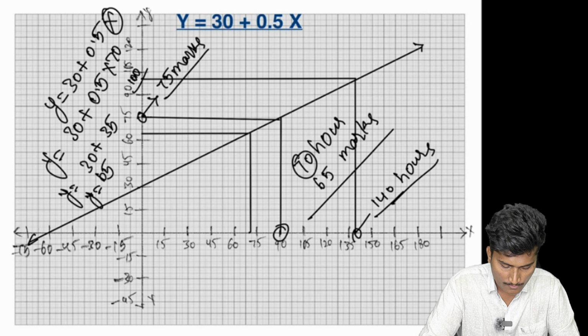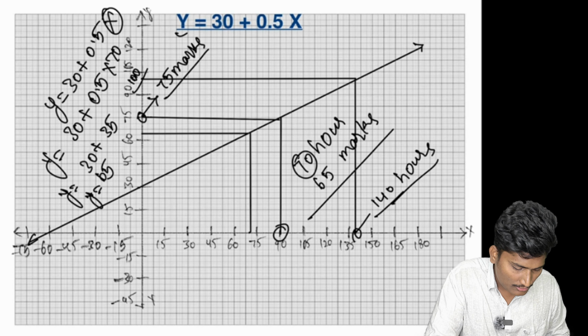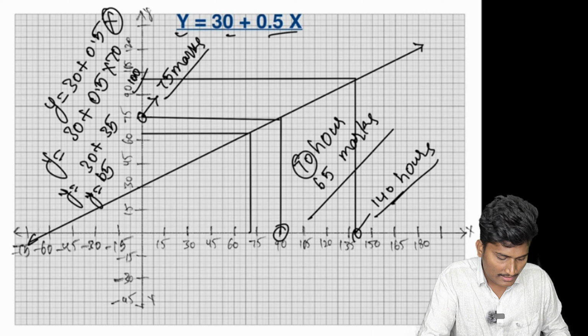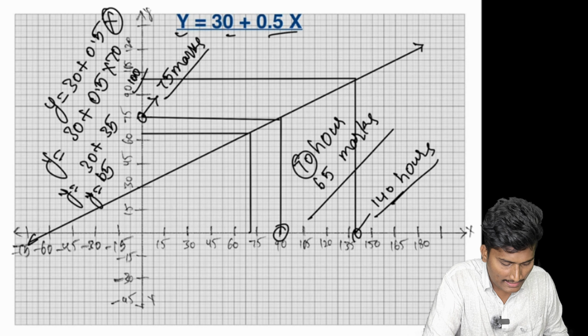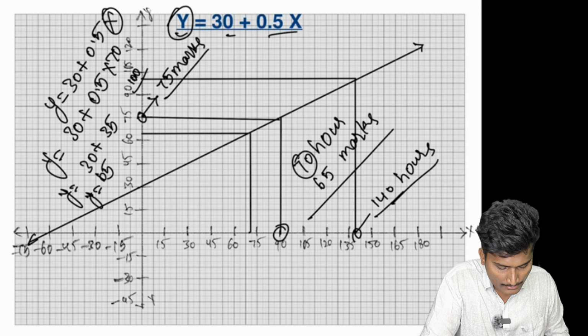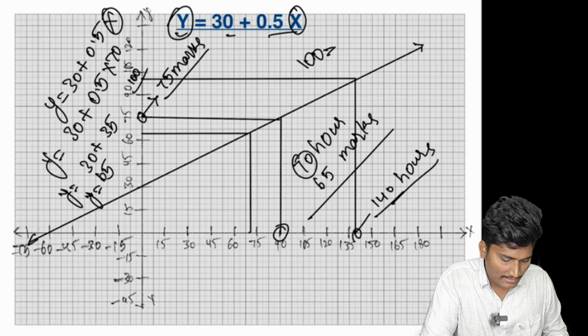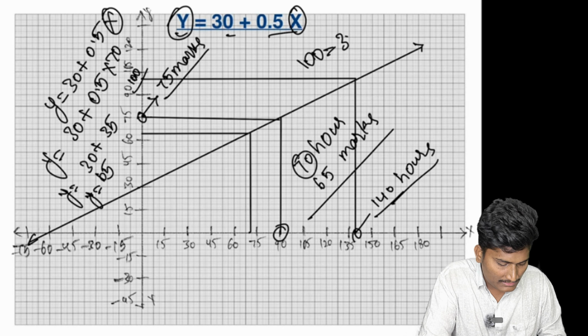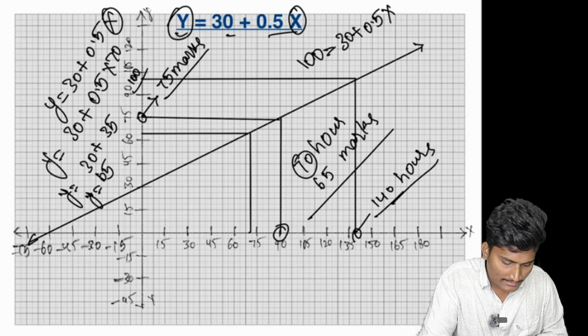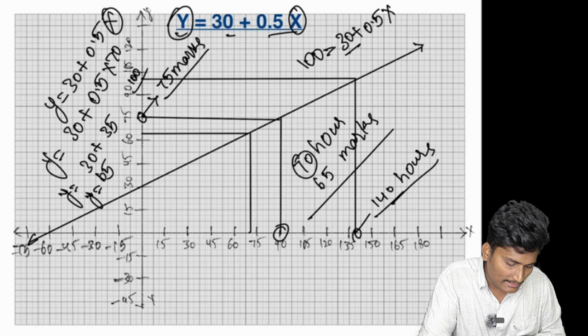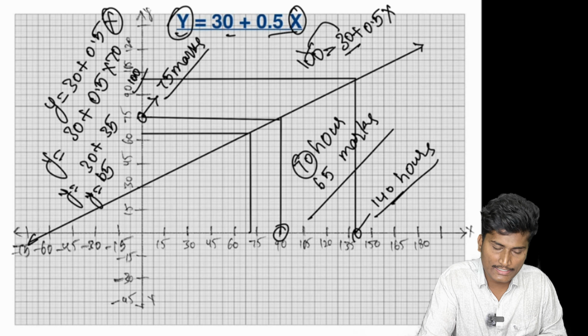If you want to cross verify it, we can cross verify. The equation is y is equal to 30 plus 0.5x, right? Now we need to get 100 marks. Then y will be 100. We need to know how many hours I need to study. Then 100 is equal to 30 plus 0.5x. Then we need to send this 30 to the left hand side of the equation.